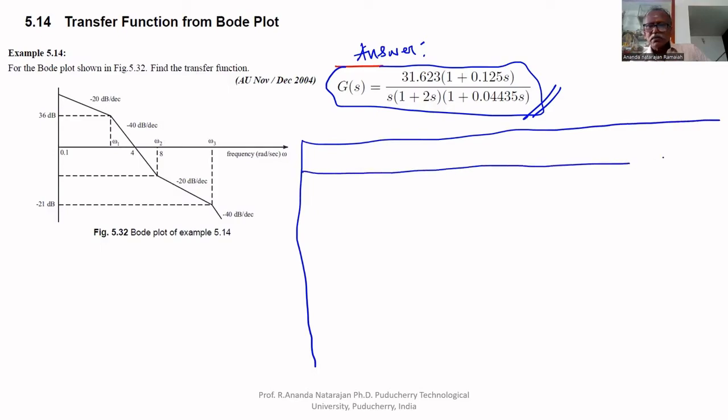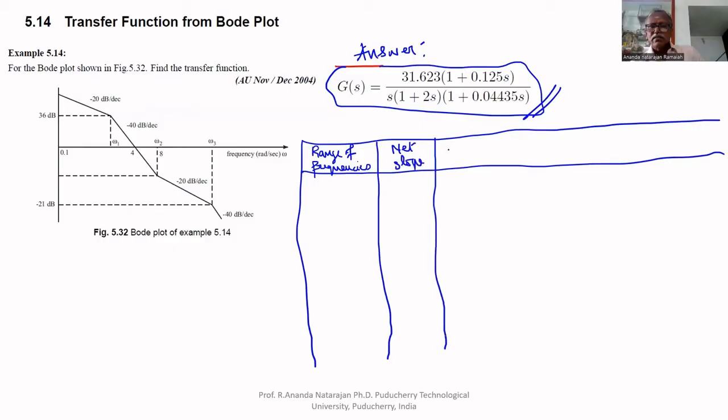The first step: instead of writing the coordinate, here we will write the range, the range of frequencies. Then the net slope, and the slope given by the factor, again in reverse order.